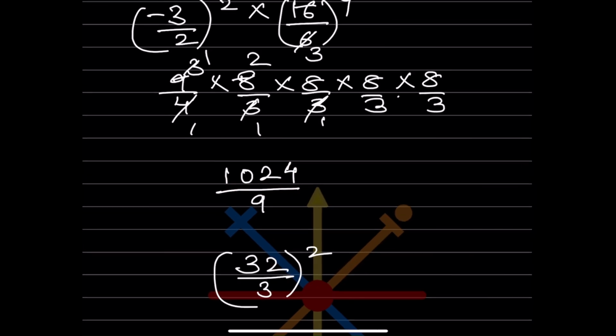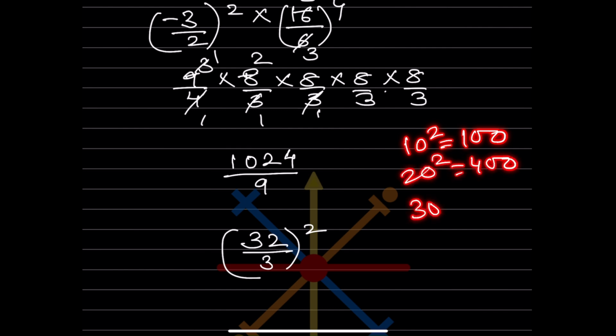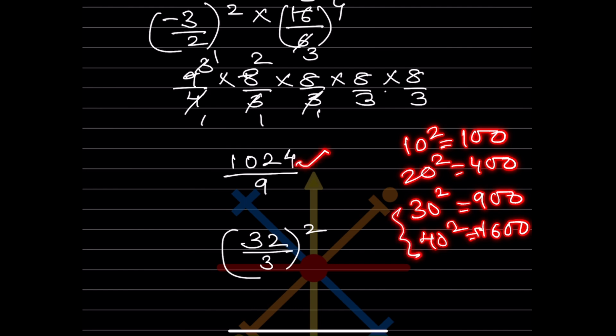And one more thing, because it's a big number, how to find the square. You can also do this: 10 square is 100, 20 square is 400, 30 square is 900, 40 square is 1600. So now what you can see, this is 1024. So it lies between 30 and 40. Definitely it's not 40.